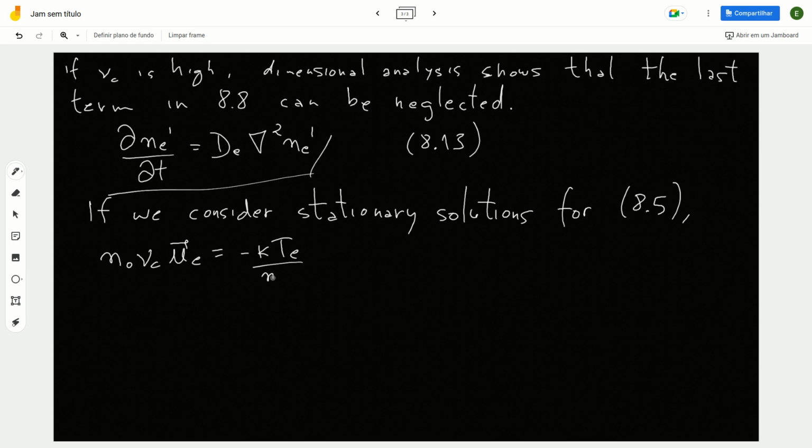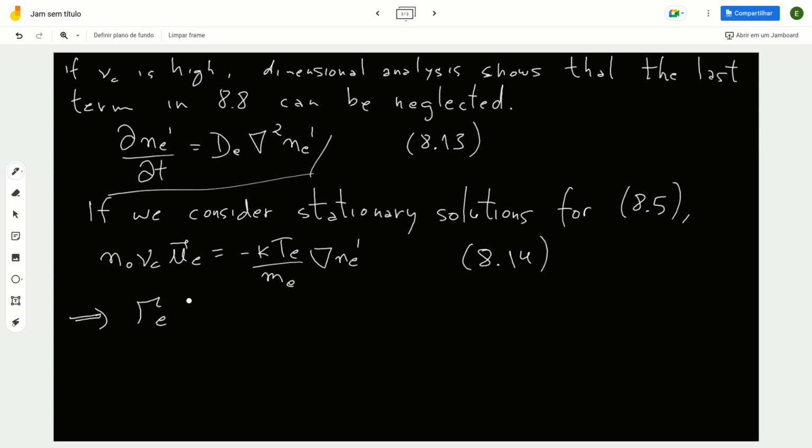I just dropped the time derivative of the electron velocity. Or we can write it like this.